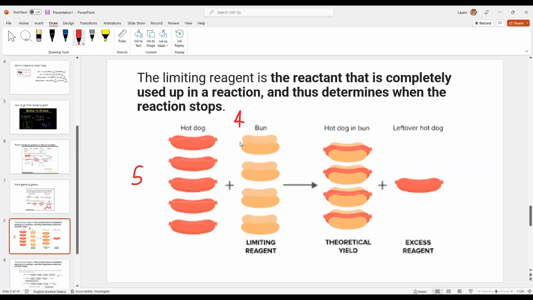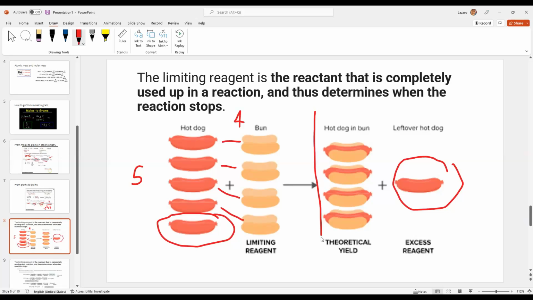Okay. You join this with this, this with this, this with this. Oh, and one hot dog is in excess. Then you can produce 4 hot dogs in buns, and 1 hot dog is in excess.